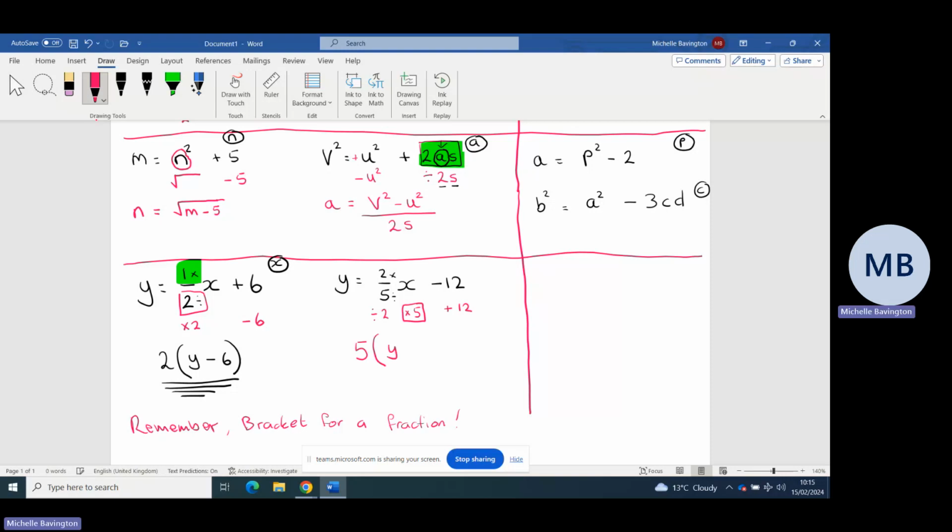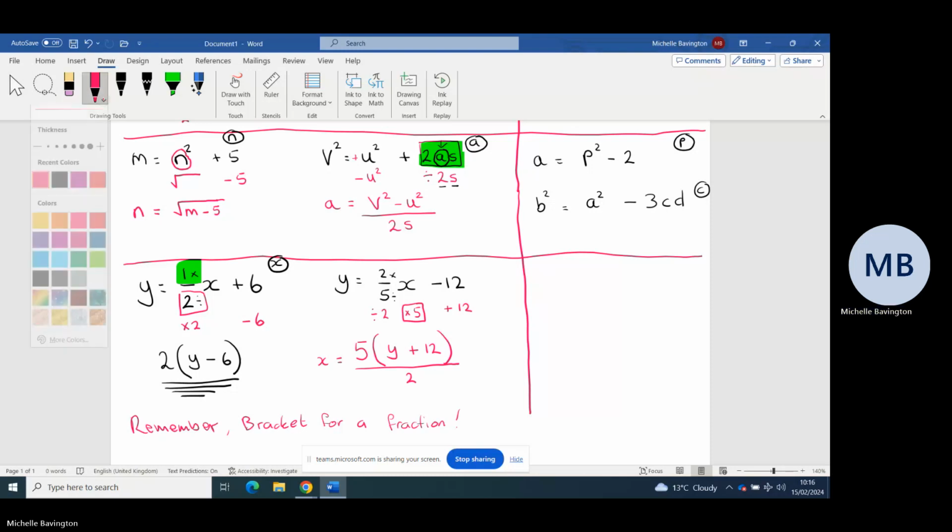Okay, and then y plus 12. And then divide always goes at the bottom. So that's divide 2. So x equals, oh, sorry, and I should have put x equals that. And that's it.